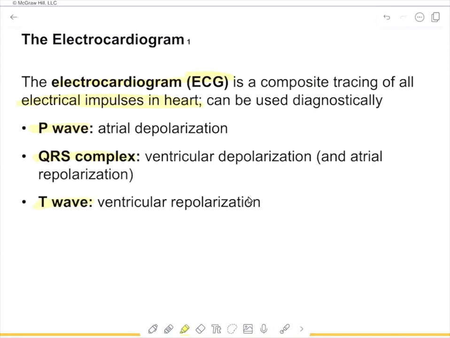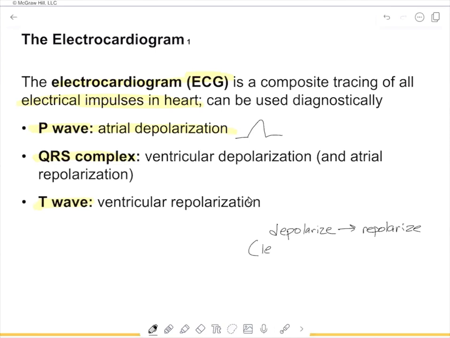So the P wave is responsible for atrial depolarization, and we'll see it on an ECG next, but it basically looks like this. And so the region of the heart has to first depolarize before it can repolarize. So this is the electrical activity.